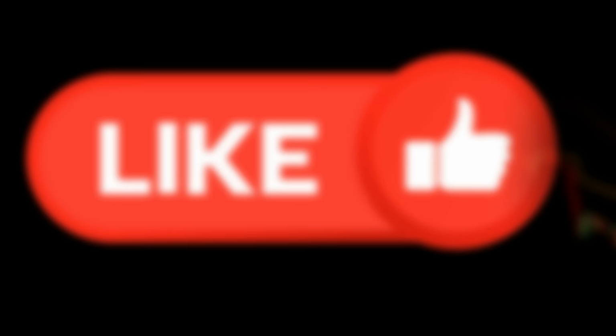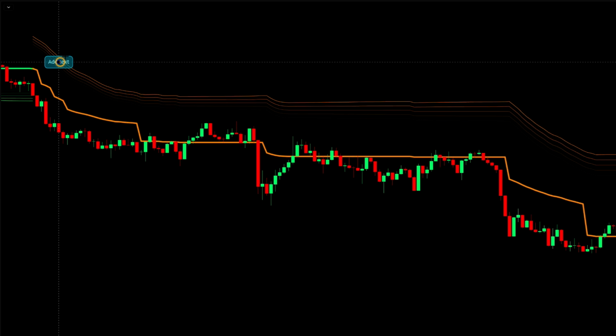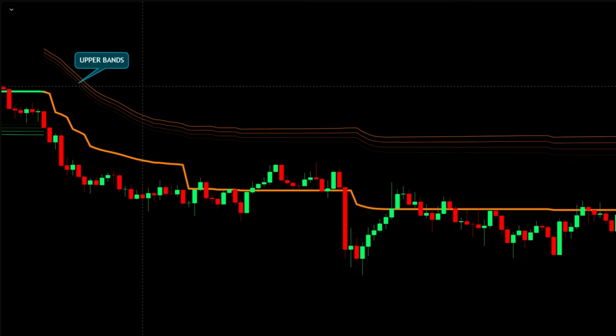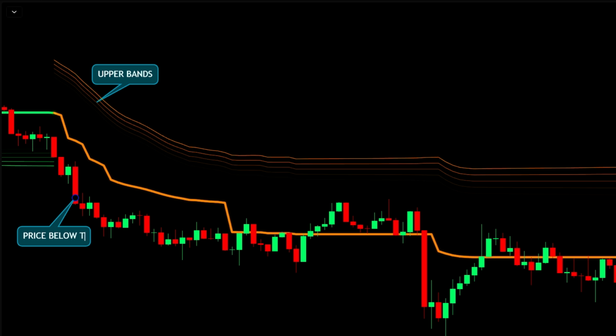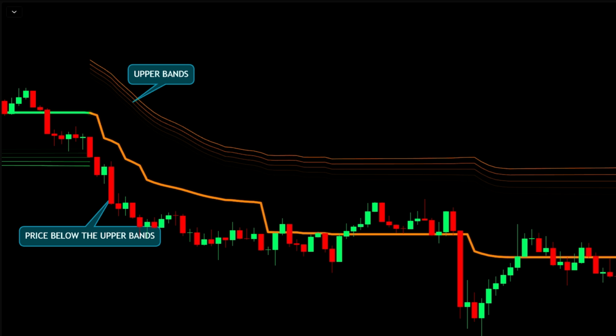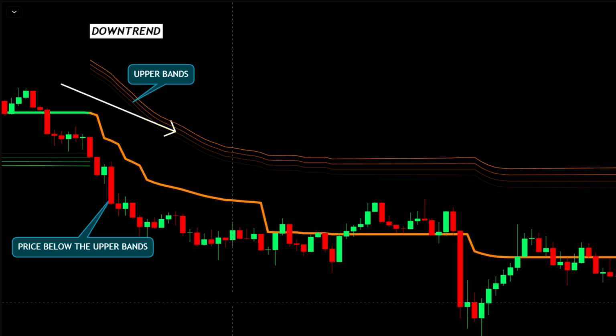Back to the strategy, click to the Bitcoin chart. The bands are above the candles and the trend line is red, so we're in a downtrend. Instead of rushing into a sell when it turns red, we wait for a pullback.